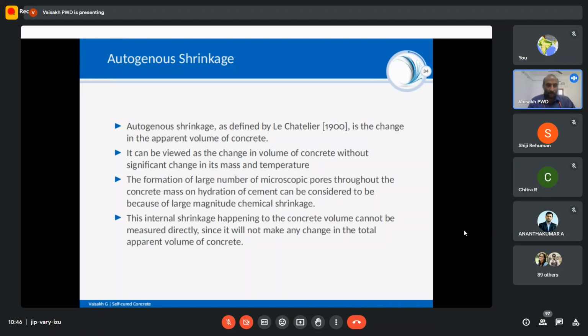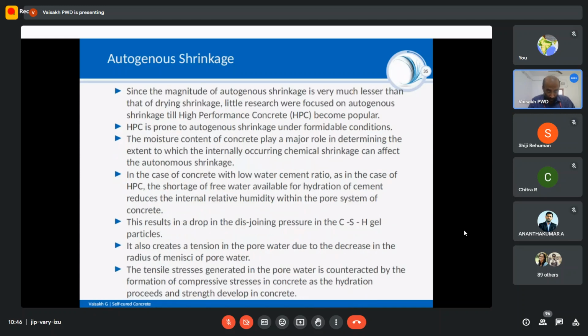Internal shrinkage happening to the concrete volume cannot be measured directly since it will not make any change in the apparent volume of concrete. Since the magnitude of autogenous shrinkage is very much lesser than that of drying shrinkage, this was ignored till we started using high performance concrete.